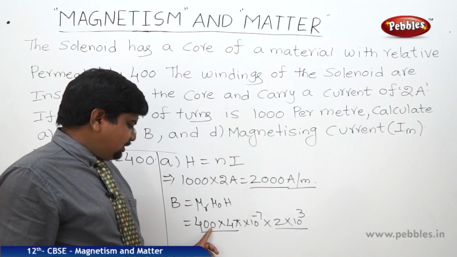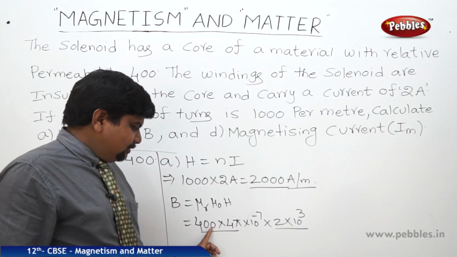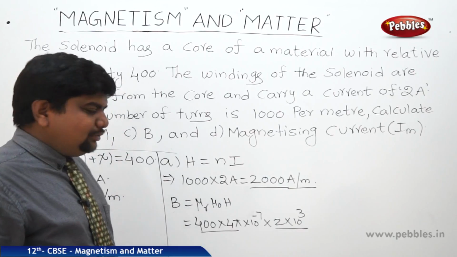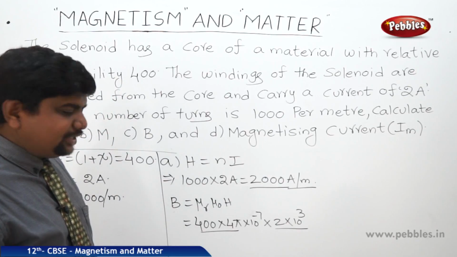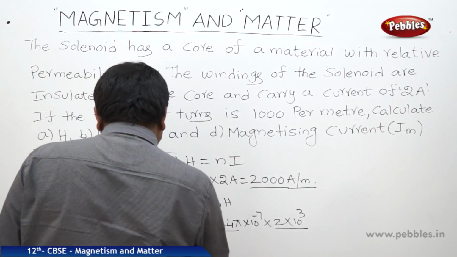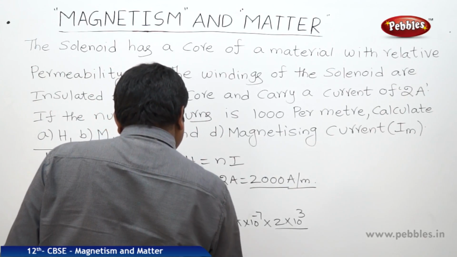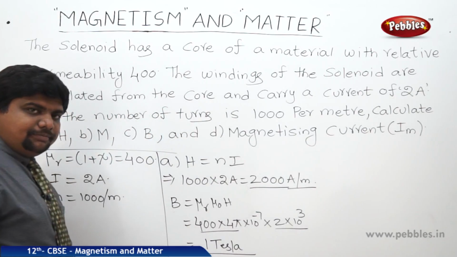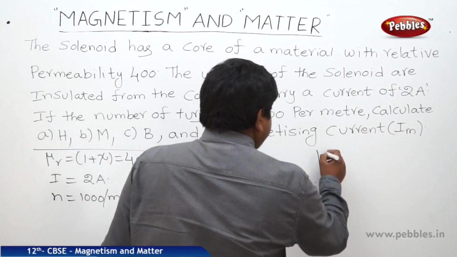So 8 into 4 pi, 32 pi into 10 to the power of minus 7, which is approximately 1. So you will get 1 Tesla. This is the B value.